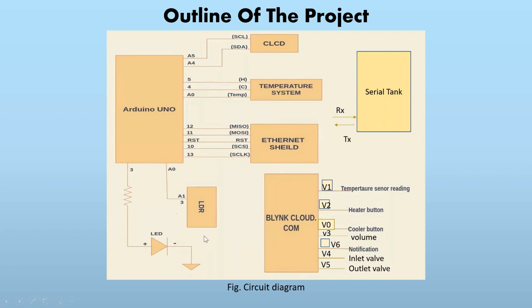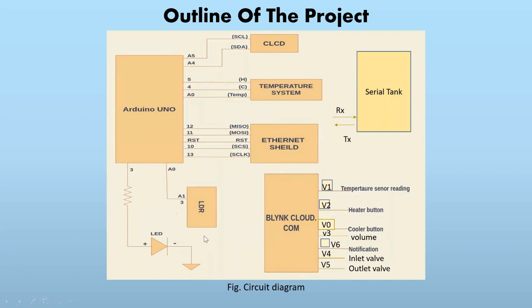H will be for digital pin 5, C for digital pin 4 of Arduino Uno, and analog pin A0 for temperature. Then for the Ethernet shield we'll be having MISO, MOSI as digital pins 12 and 11, reset, and then 10 for SCS, SCLK as digital pin 13.